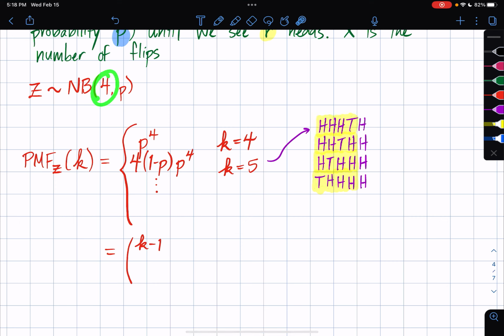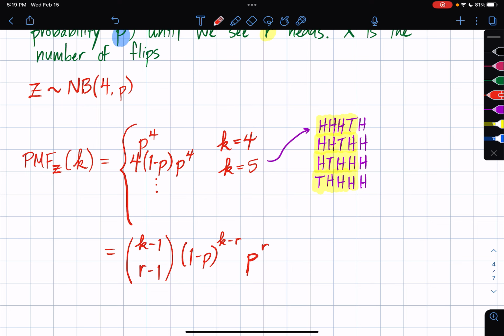So here we have 3 heads in our first k minus 1, r minus 1 heads. And then what needs to happen? Well, 1 minus p of them are going to be tails. So that's going to be k minus r. And then the last part of this is that we're going to have exactly r heads. So that's where we get this p to the r.